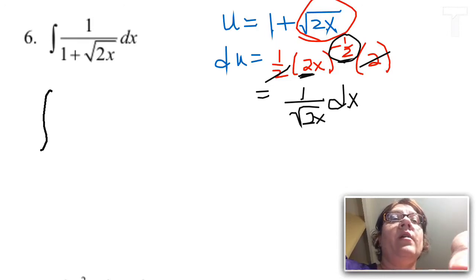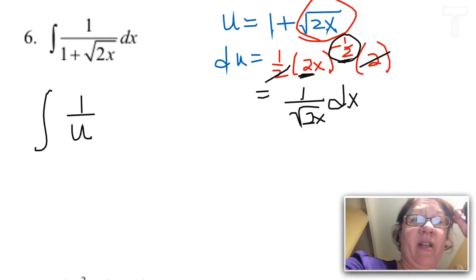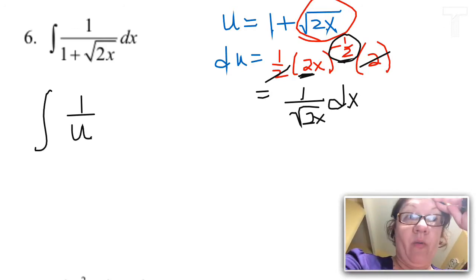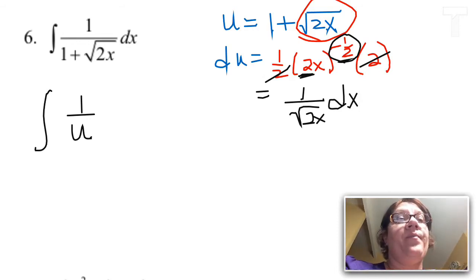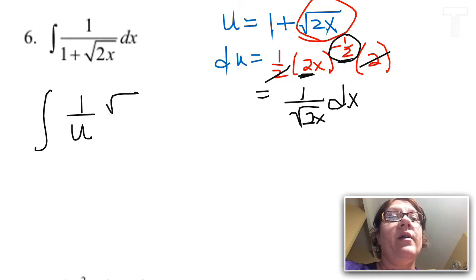So when I look over here, I'm going to have 1 over u, and now, head scratcher, I need a square root of 2x in order to get that dx to be transferable into du. So I'm going to multiply by 1.